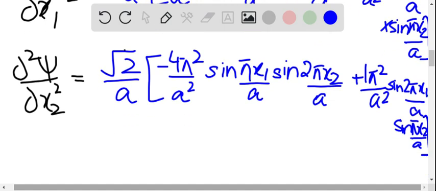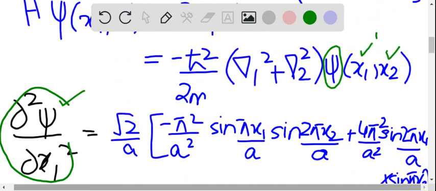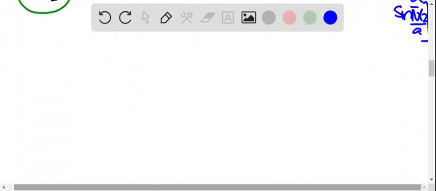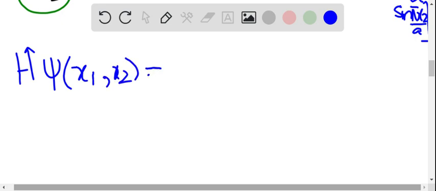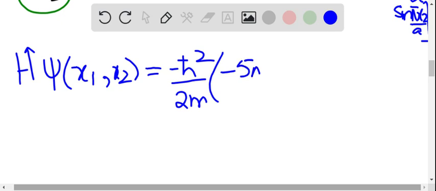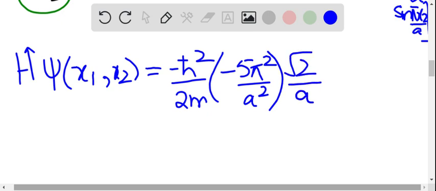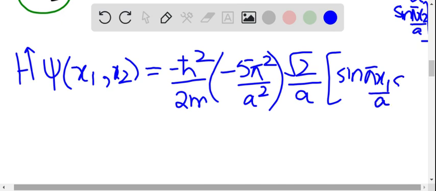Now we are going to plug these values of the partial derivatives of the wave function into the equation with ∇1² and ∇2². So we get Hψ(x1, x2) = −ħ²/2m (−5π²/a²) √(2/a) [sin(πx1/a) sin(2πx2/a) − sin(2πx1/a) sin(πx2/a)].